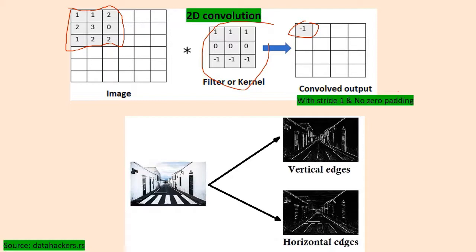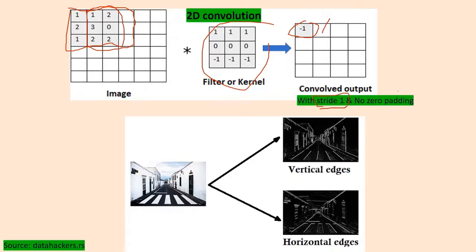And after each computation we shift it by 1 pixel to the right so that it will be aligned with the next image pixel values, and you get the next output matrix element. Similarly we shift it by 1 pixel value. If we shift it by 1 pixel value to the right or left after each computation, we call it a stride equal to 1. So stride indicates the shifting parameter.